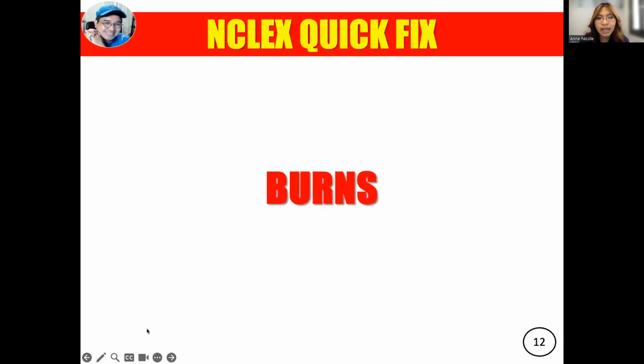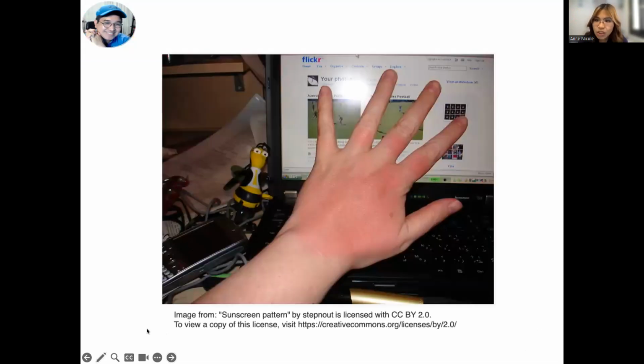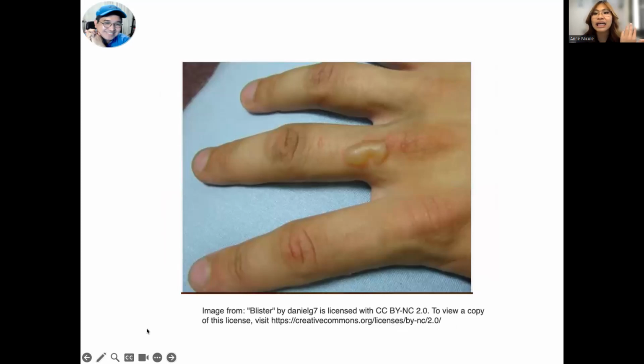So here is an example of your different degrees of burn. This one is a classic example of your first degree burns, your sunburns. There would be dry, red skin. For your second degree, there would be blister formation.